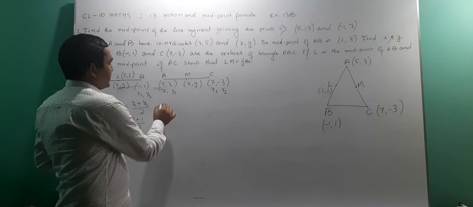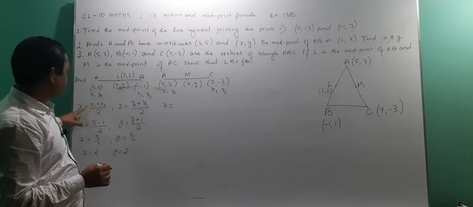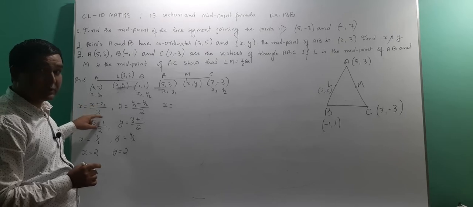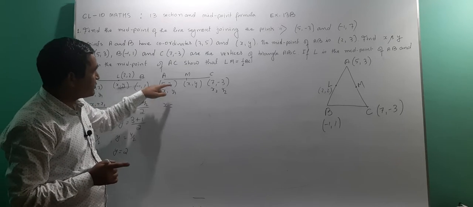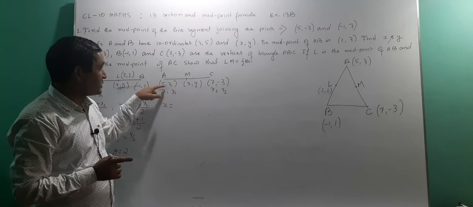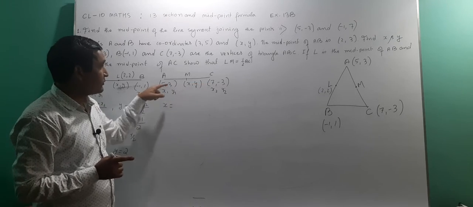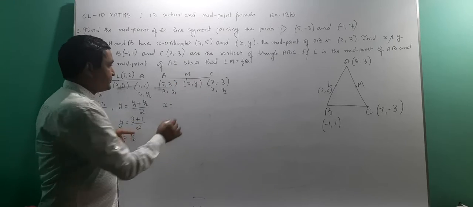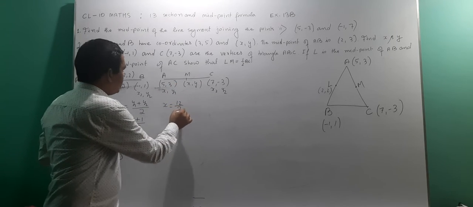For x, the formula is the same: (x1 plus x2) divided by 2. So x1 plus x2: 5 plus 7 is 12, divided by 2.